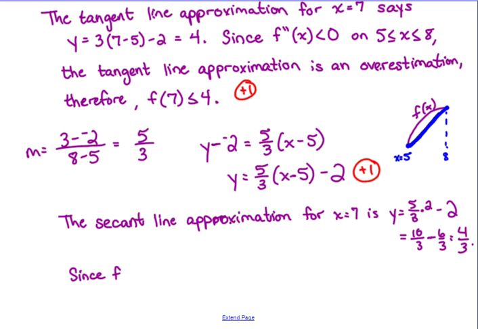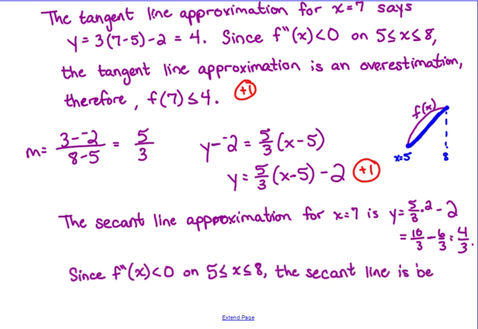Since f double prime of x is less than 0 on the interval from 5 to 8, the secant line is below the curve, is below f of x.